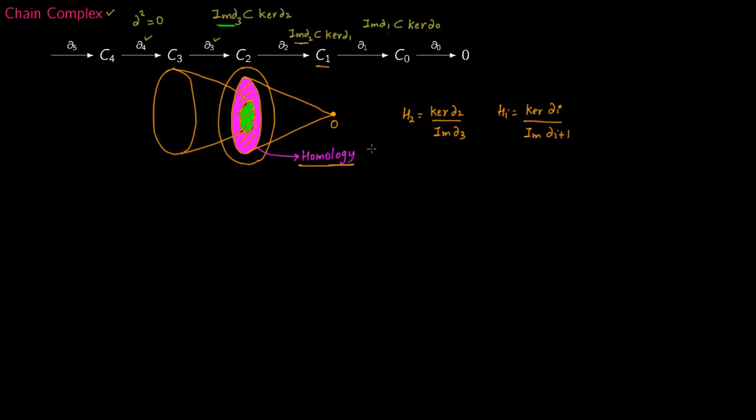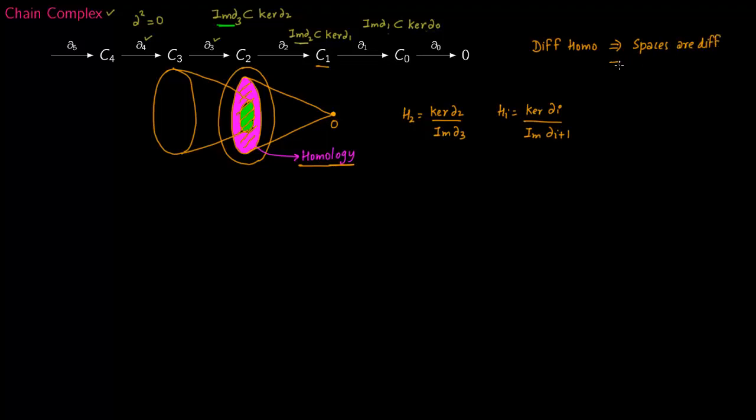So the question is, why do we even bother about homology? The reason is the same as in fundamental groups. If the homology groups are different, that would imply the topological spaces are different.